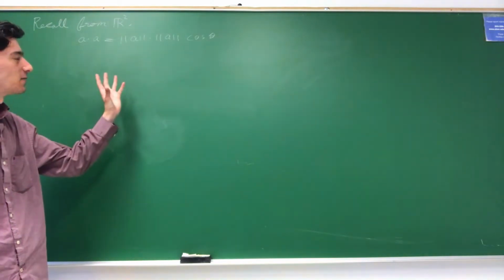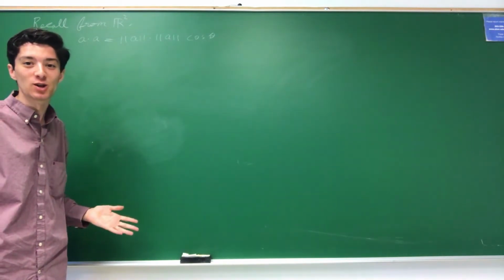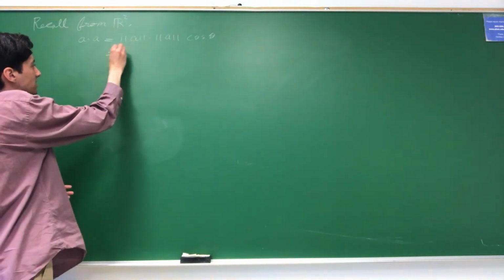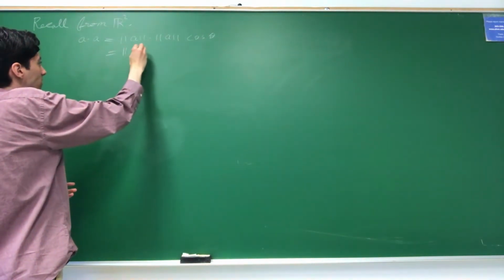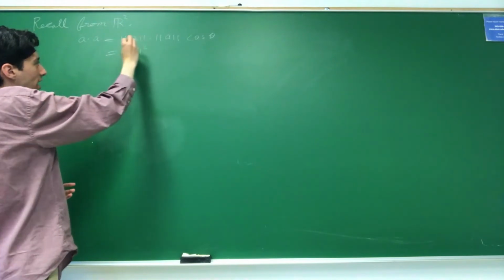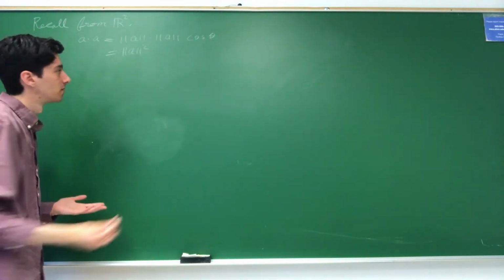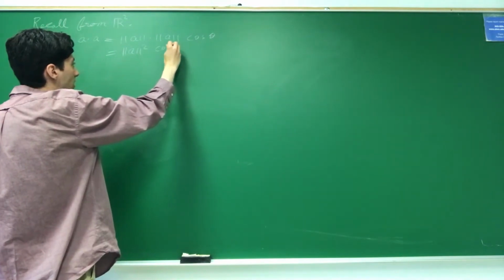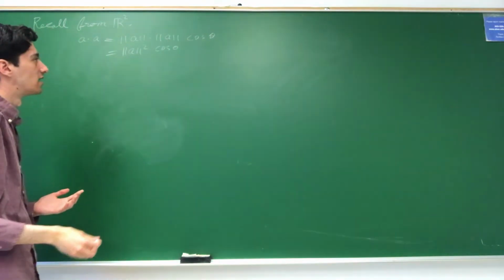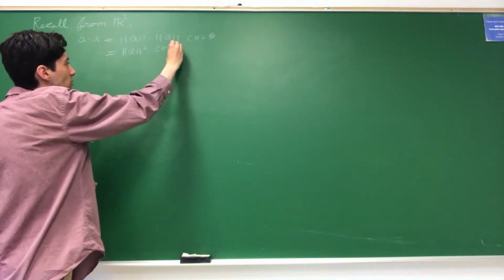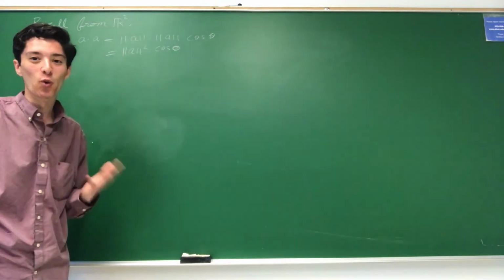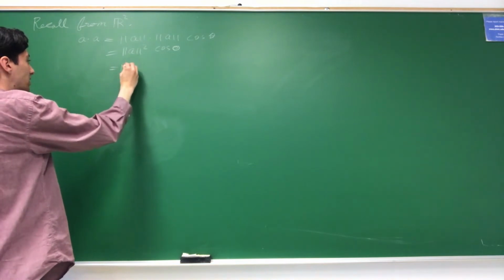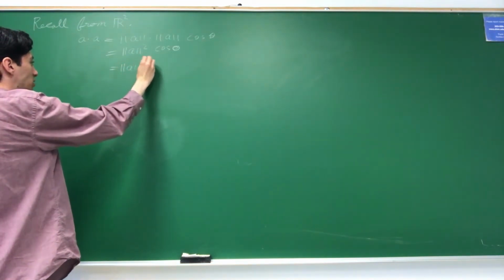But if it's the same vector, then there is no angle. The angle measure is 0. So really, it's the magnitude of A squared, because we're multiplying that by itself, times cosine of 0. And now cosine of 0 is equal to 1. So this is simply equal to the magnitude of A squared.